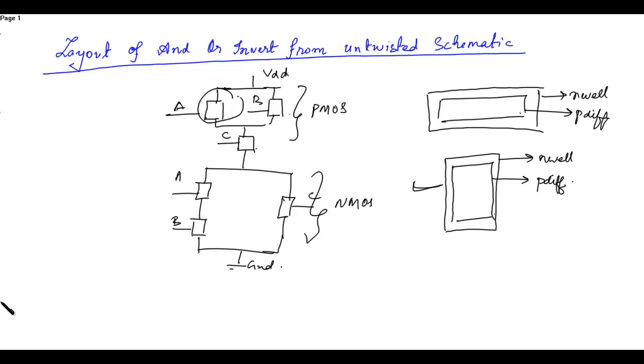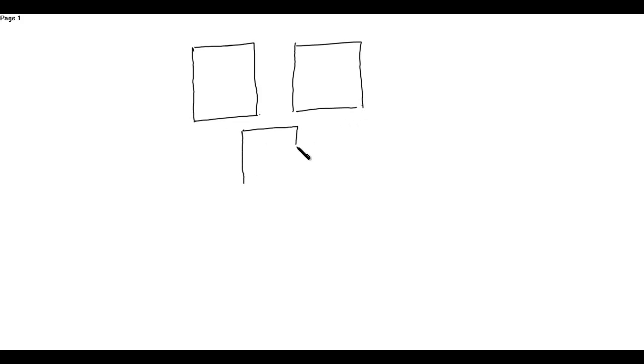So now let me clear this. The PMOS P1 and P2 were in parallel, so we will exactly draw like that. They are in parallel with the third one.